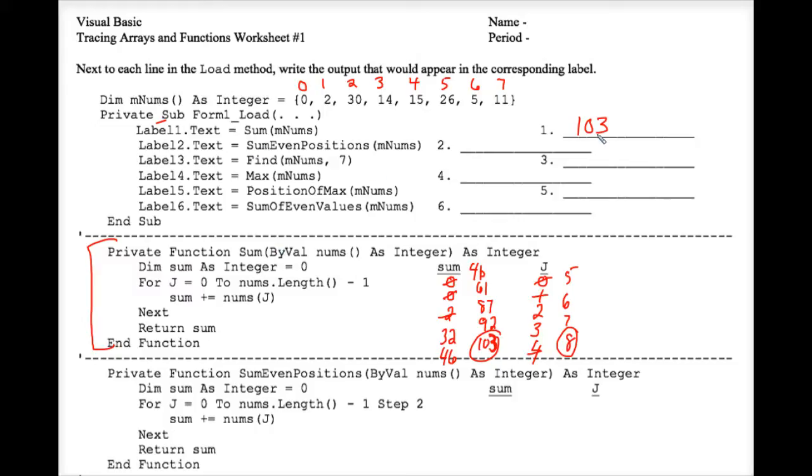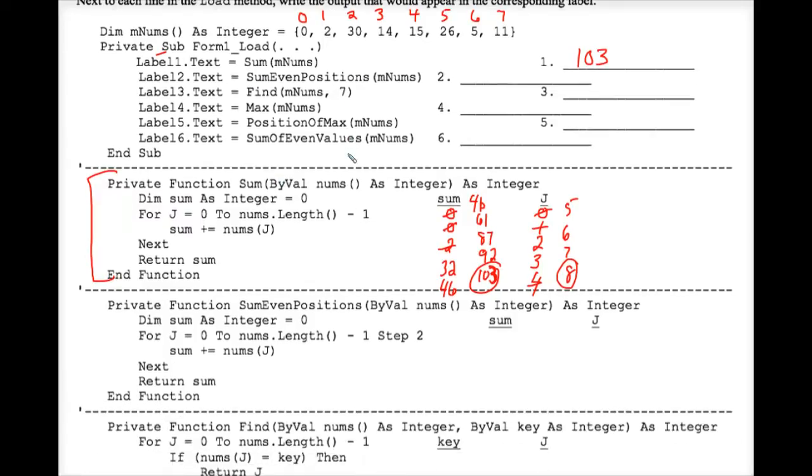Okay, the rest of this worksheet. In number 2, which you can do on your own, let's just hit the highlights right here. In number 2, the array mnums, again, will be passed as a parameter, which plugs in for a parameter named nums. What a coincidence.